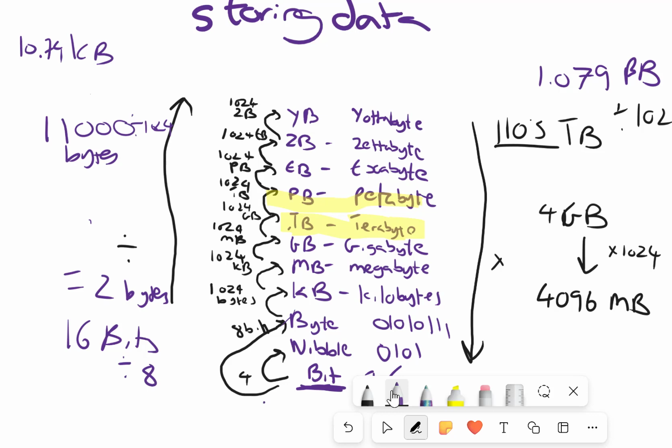Okay, so you do need to be able to list these off in order. For a lot of you who do computer science, this should be really easy. You just got 3 new ones to be focusing on. You also need to be able to do the calculations by 1024. So we're focusing on storing data inside a computer.